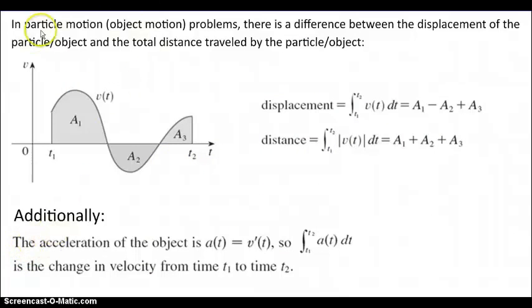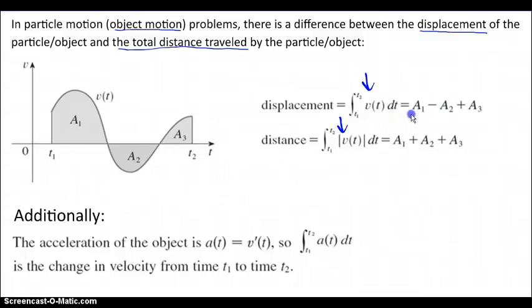All right, so in particle motion or object motion or any motion problems, there is a difference between the displacement of that particle or object and the total distance traveled by it. And we can track that difference by what we do with adding up the area under the velocity function.